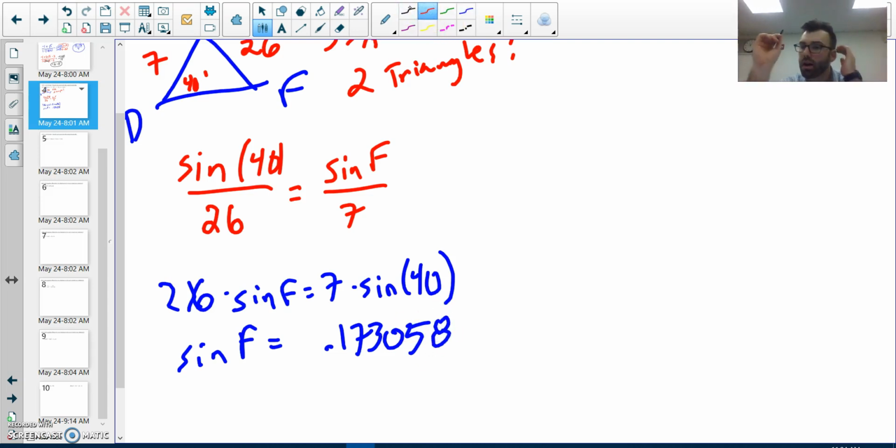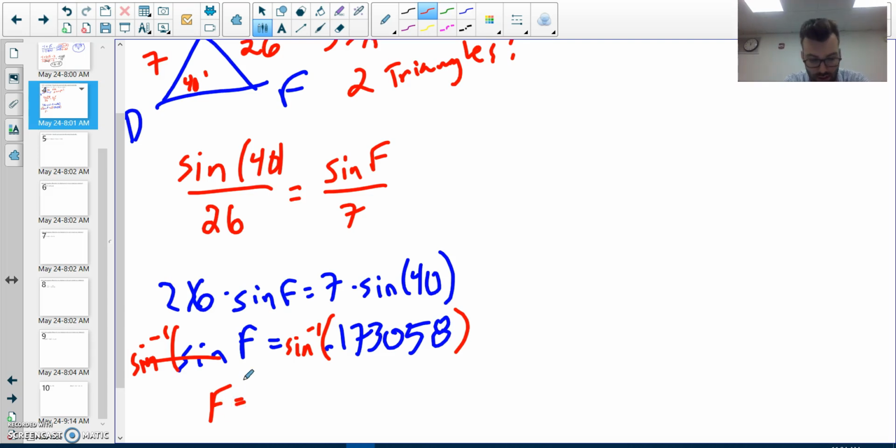Remember, in order to find an angle measure, I need to use the inverse trig operation. So inverse trig looks like that, sine inverse. To get the inverse trig, I just hit second sine. So these disappear. They're inverse operations of each other, which means they cancel each other out.